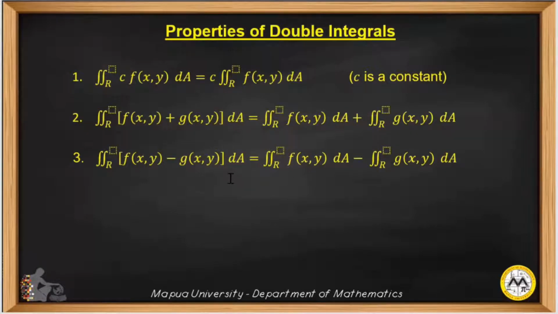Now we have to take note, I forgot to mention earlier, that it is a double integral if we have two symbols of integration, meaning we have two integral symbols over the region R. This is a double integration.